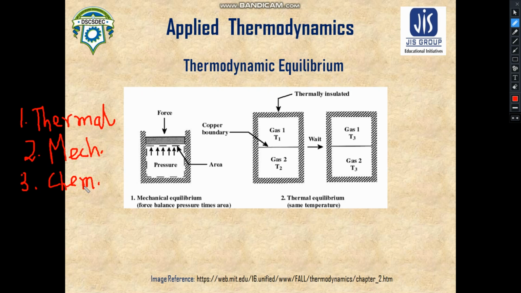When these three kinds of equilibrium are present within the system, we can say that the whole system is in thermodynamic equilibrium. We shall be discussing these cases in detail: what do we mean by thermal equilibrium, mechanical equilibrium, and chemical equilibrium? Let us start with it.